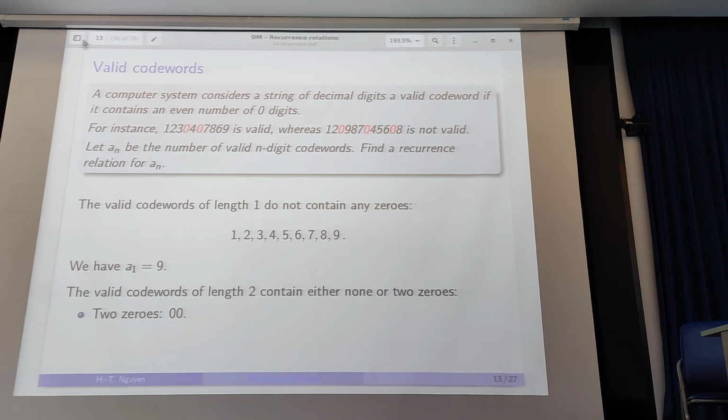And here we have the product rule. And so we have 9 by 9, which gives us 81 words. And now we combine the 2 cases. So 1 plus 81, and we have 82.